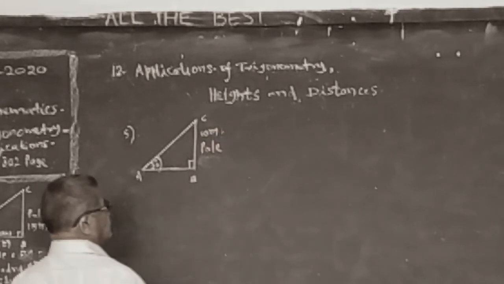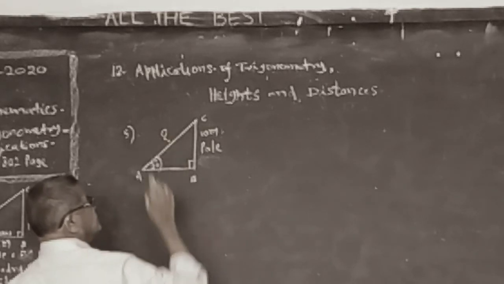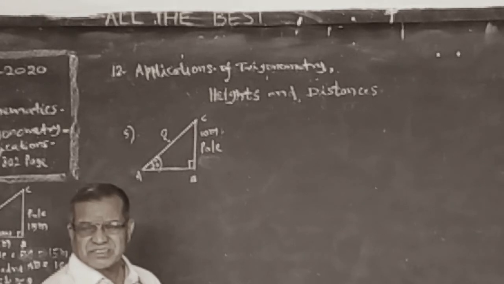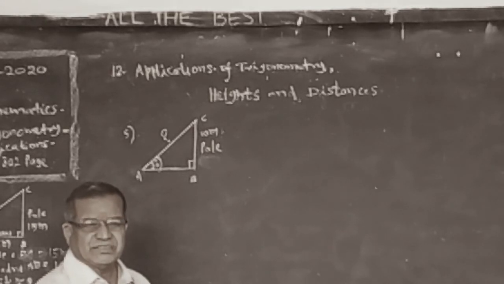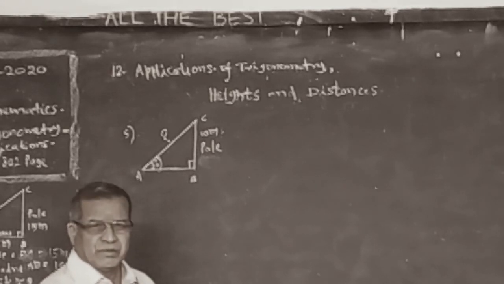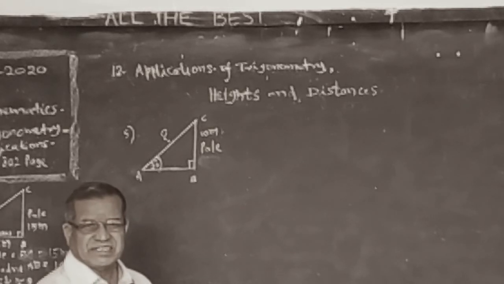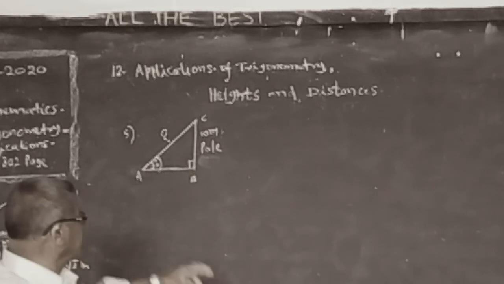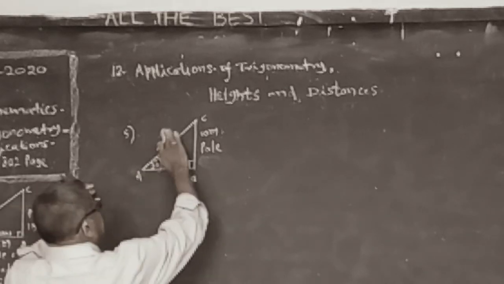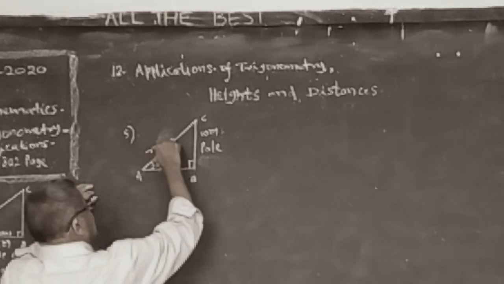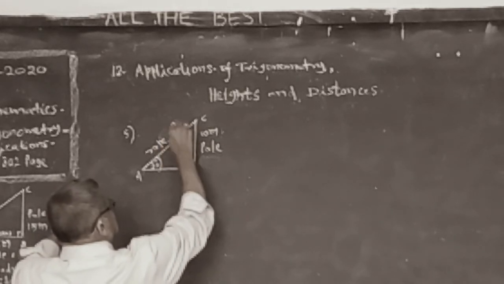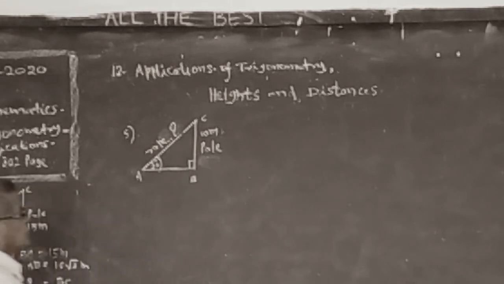We have to find the rope, and there are 3 ropes. Three ropes are tied to keep the pole tight. Simply he is asking, this is the rope. Find the length of the rope. Rope is how much?